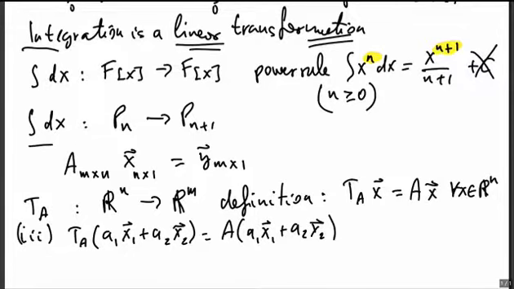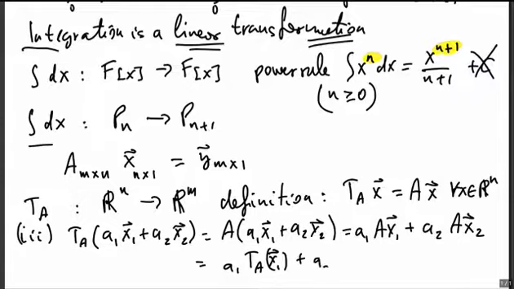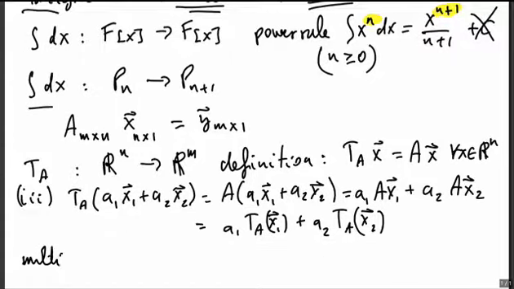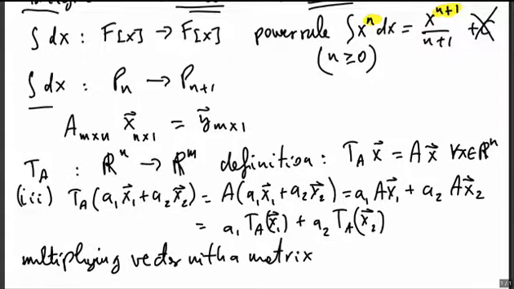And again, from basic properties of matrix vector multiplication, we know that this is a1 times A x1 plus a2 times A x2 vector, which is the same as a1 T applied to x1, plus a2 T applied to x2 vector. We know that multiplying a vector by a matrix is a linear transformation.